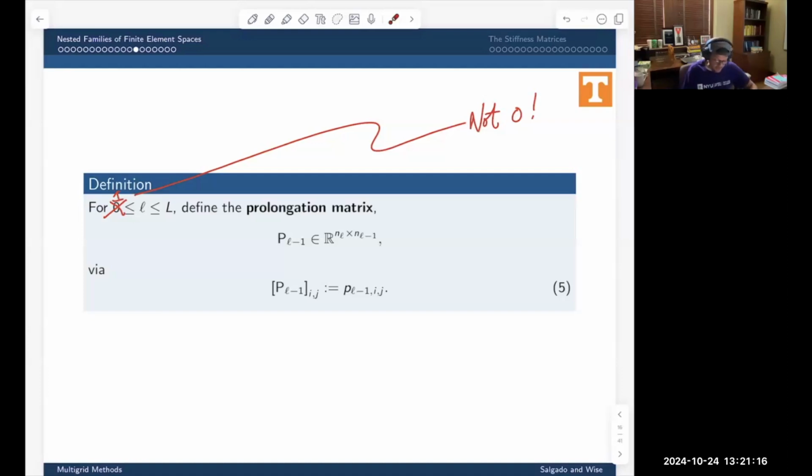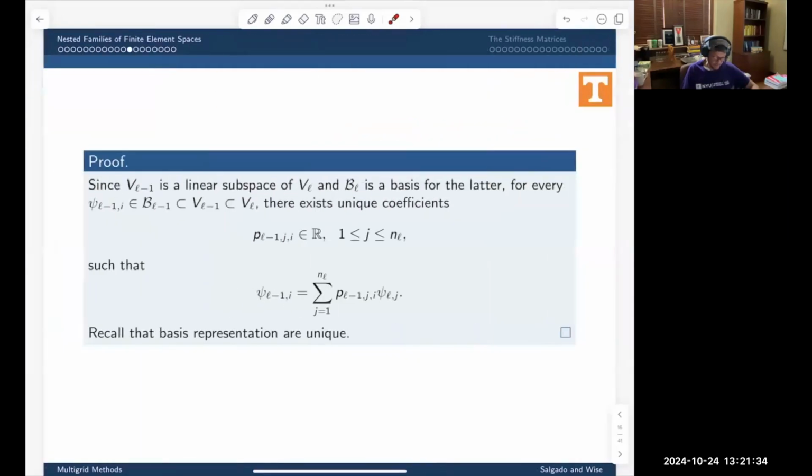So the ij-th entry of this matrix is going to be denoted by p_{L-1}^{i,j}. That's how we get the ij-th entry of this matrix. So now I've switched the orders of i and j on you here. It was previously p_{L-1}^{j,i}, where j is the index of the greater number of elements and i is the index of the lesser number of elements.